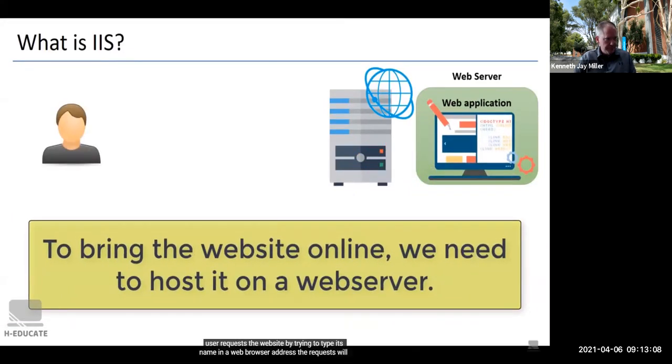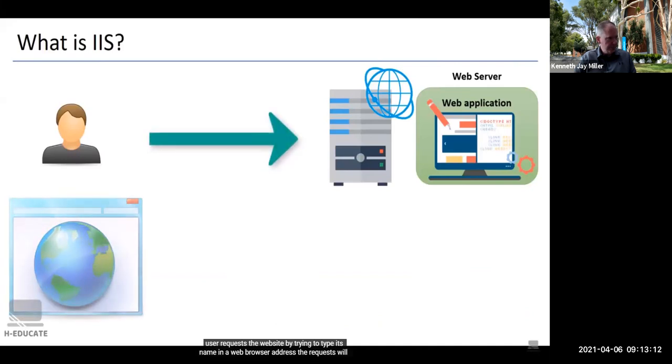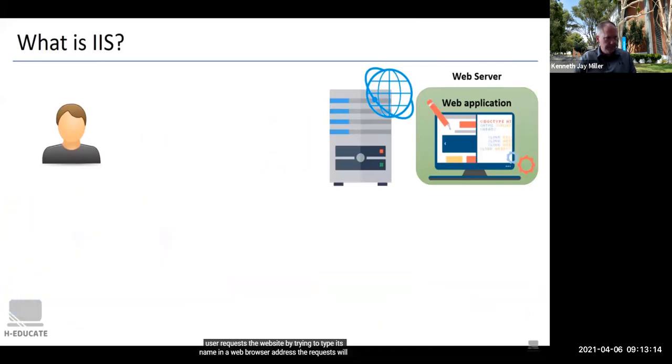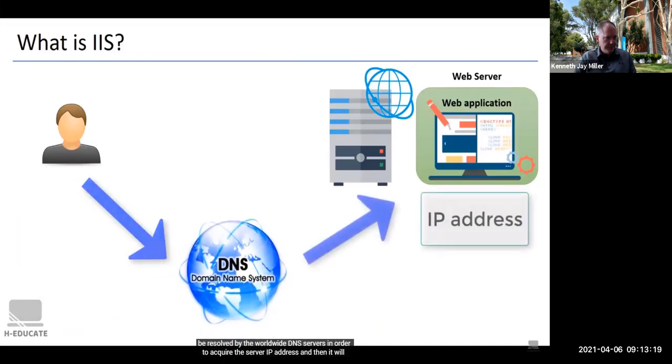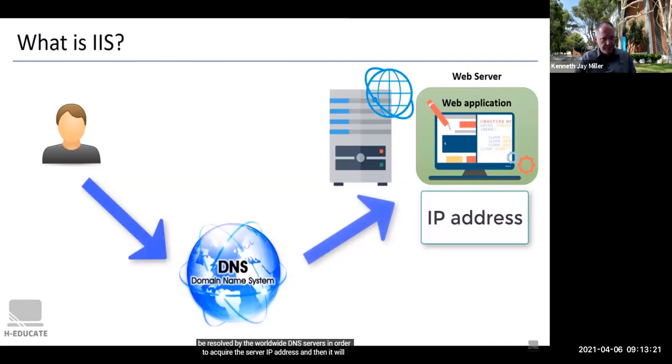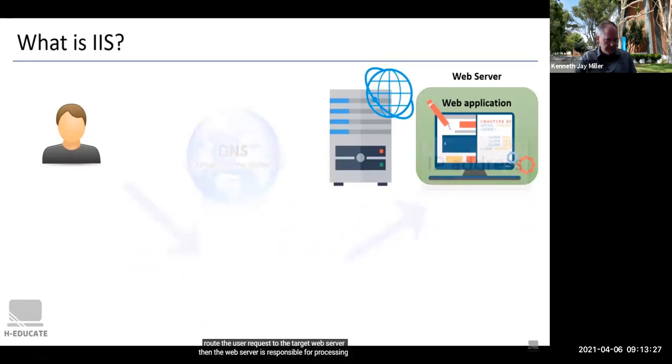And whenever a user requests the website by trying to type its name in a web browser address, the request will be resolved by the worldwide DNS servers in order to acquire the server IP address. And then it will route the user request to the target web server.